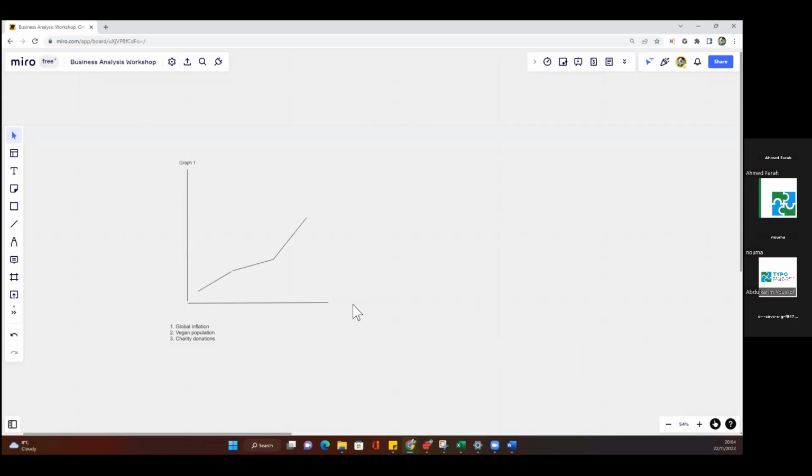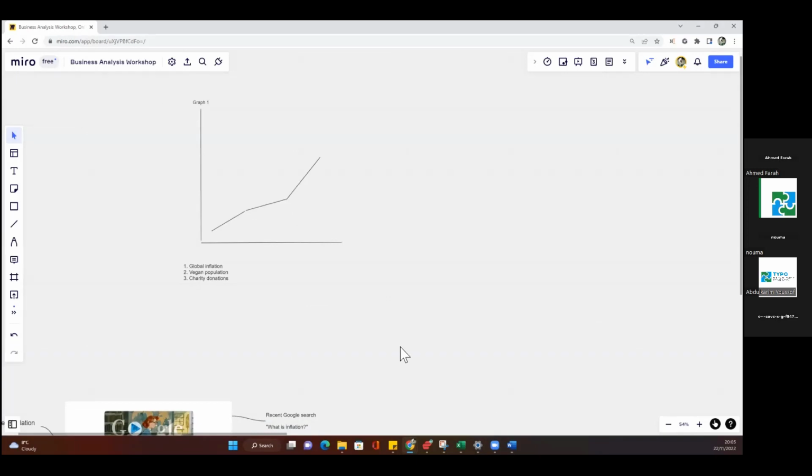Inflation has definitely increased a lot in the last year. There are a number of factors as to why that's happened, but I'm not going to go into that. Let's assume this is true, and the data does show that this is how it looks generally.